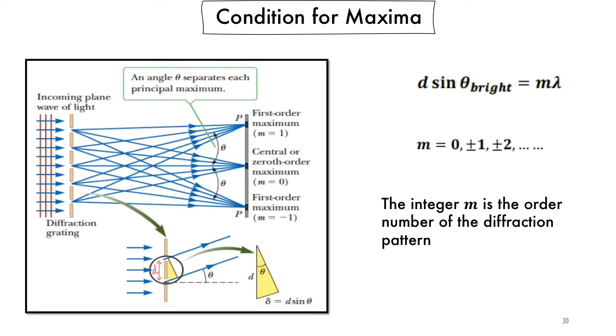Now we can see the fringe spacing, that is, if you take two consecutive bright fringes and want to figure out the fringe spacing, it is defined by sin θ. So if you want to increase the fringe spacing, we need to increase the wavelength.